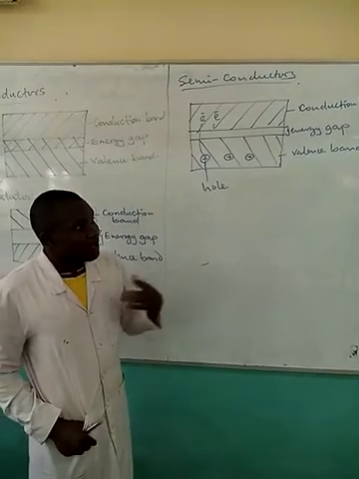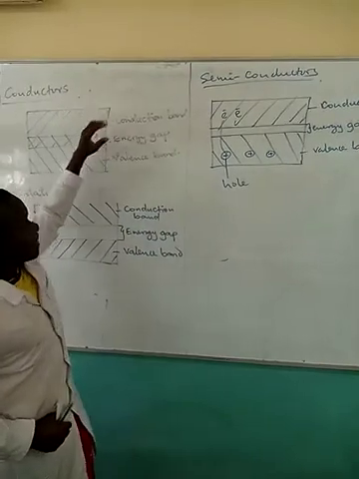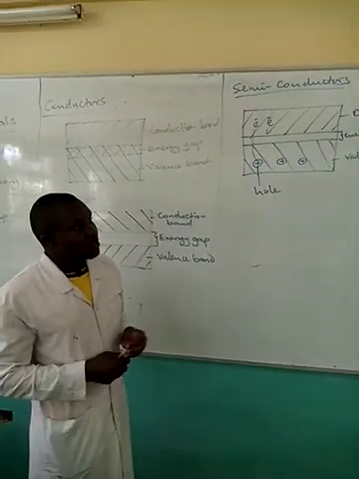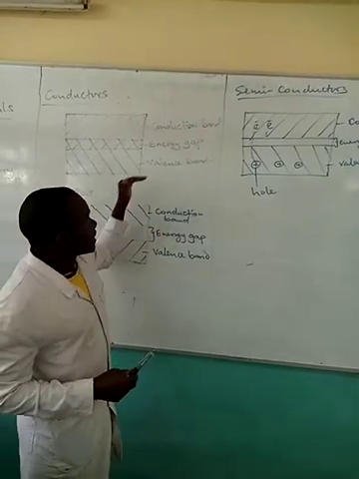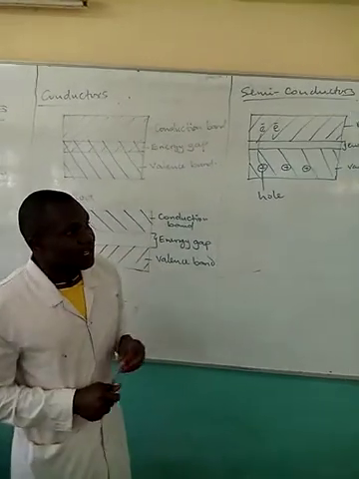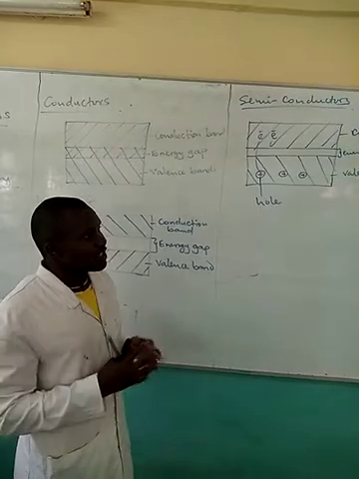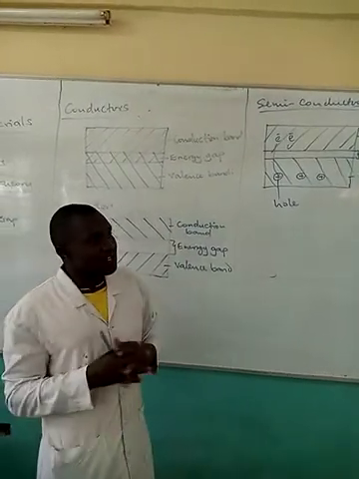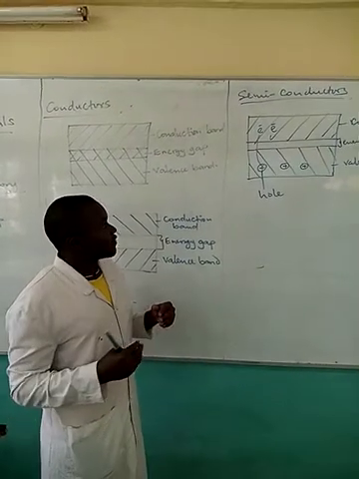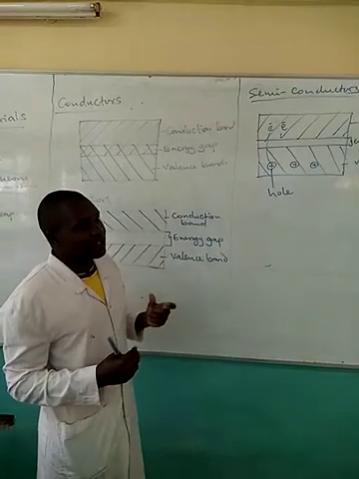One thing I didn't say about conductors, as we learned in Ohm's law, is that one of the factors that affect the electrical conductivity of a material is temperature. For conductors, when we increase the temperature, we increase the vibration of the atoms, and this vibration of the atoms hinders the flow of electrons.